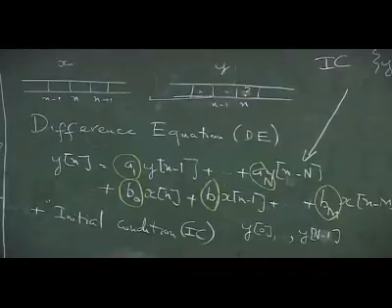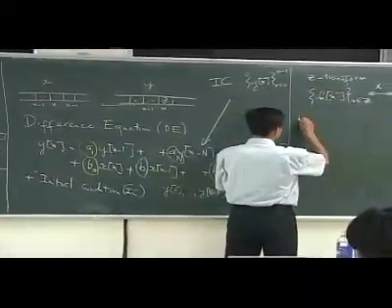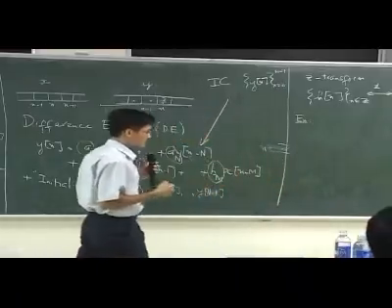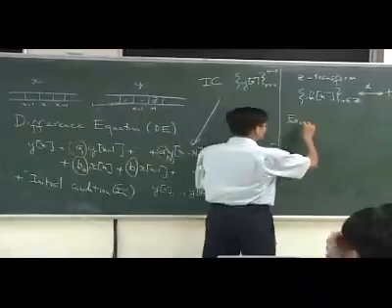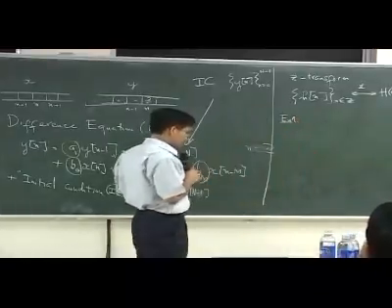Maybe we should take some example of the Z transform. It's just a convenient way of writing the filter. So let me take an example here.